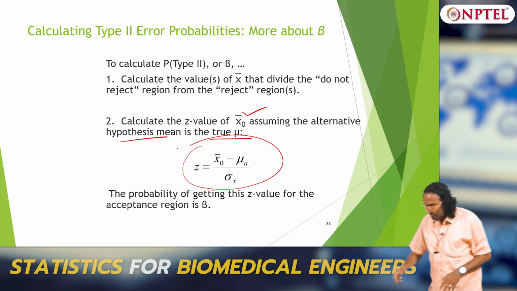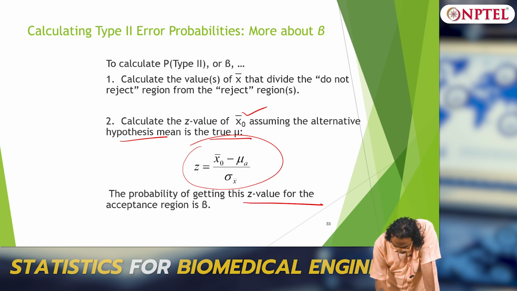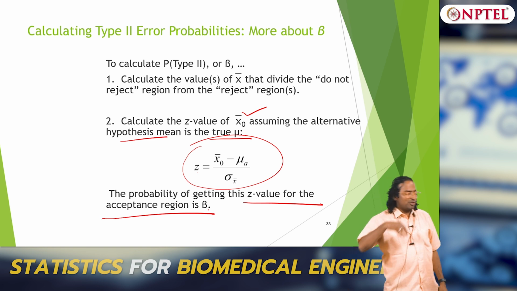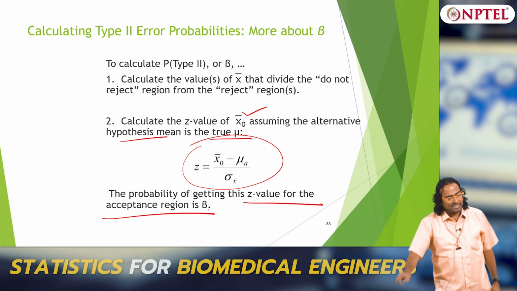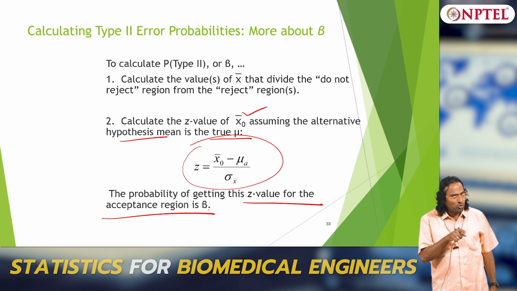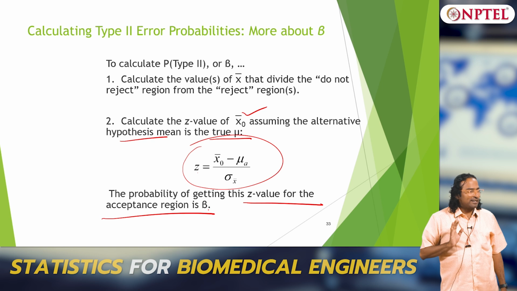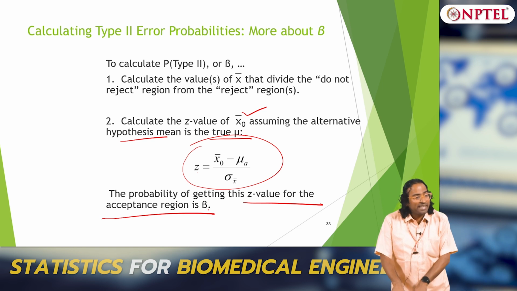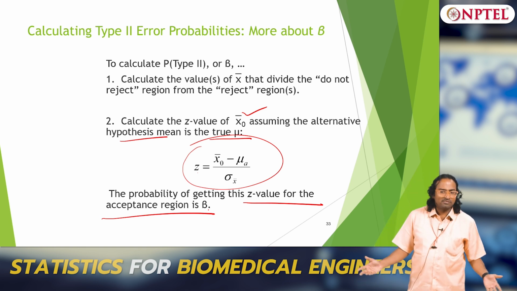You understand the statement? The probability of getting this z value for the acceptance region is beta. Remember, you have assumed the alternate to be correct and you have calculated an alternate z. Typically you use mu naught; here I am saying you use mu alternate. What is the probability of getting this z value within the acceptance region? That is nothing but your beta, simple.